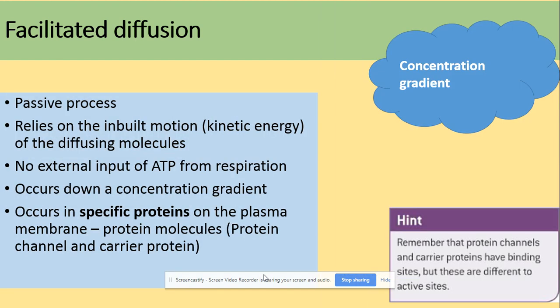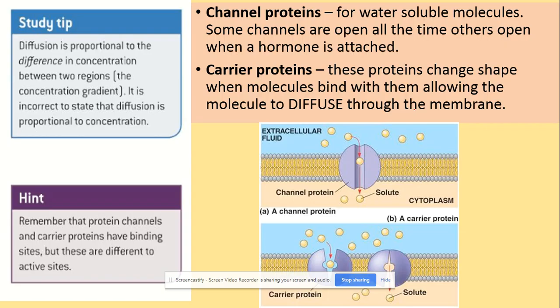So it's a passive process, obviously depends on the kinetic energy, because more kinetic energy, obviously faster diffusion. We don't need any ATP, it occurs down the concentration gradient, and there are specific proteins. What we need to remember, one protein for one thing, hence specific.